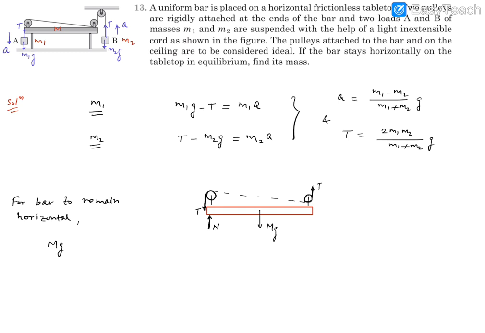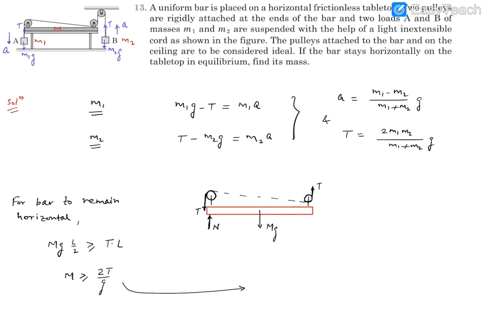So we'll say mg into the perpendicular distance, which is going to be L by 2. Let's consider L is the length of the bar. This must be greater than or equal to the torque supplied by this T, which is T into L. Now this normal reaction and this tension will have no torque because their line of action passes through this point. So we are calculating the torque from this left-hand end. So this says that M must be greater than or equal to twice T by G.